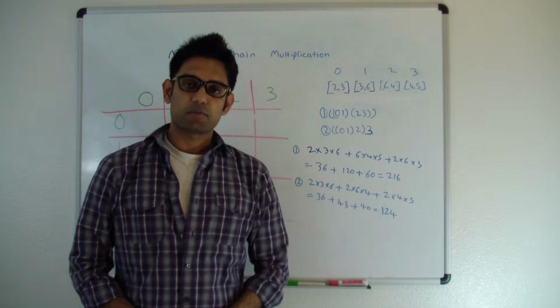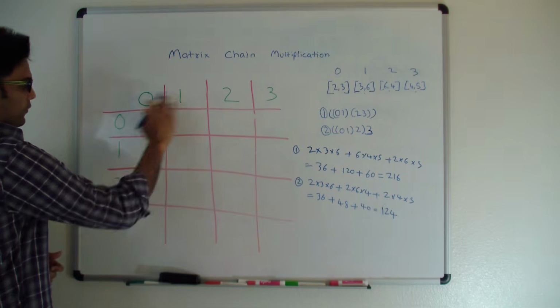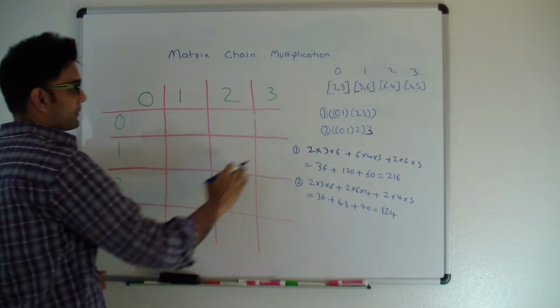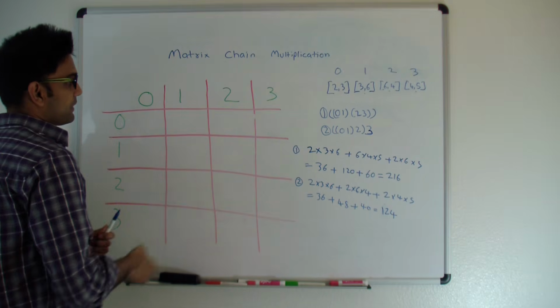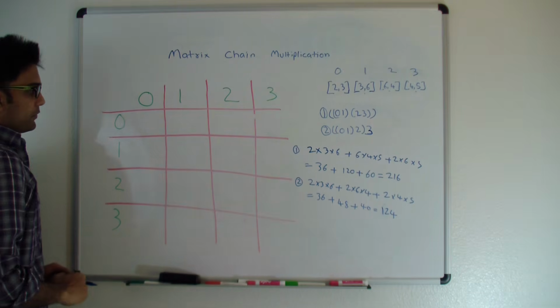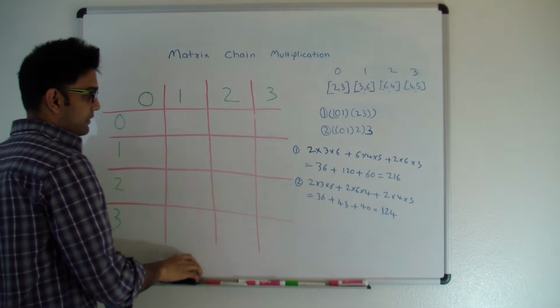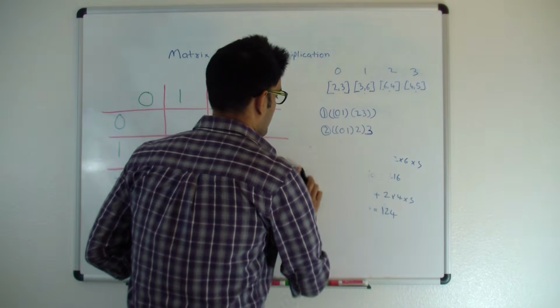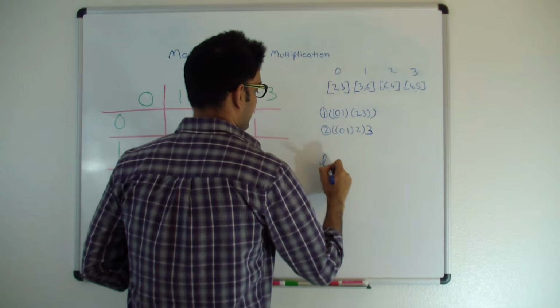So we will use dynamic programming to solve this question. Here I have a 4 cross 4 matrix because I have four matrices in my set. So what I'm going to do is fill up this matrix, and here we'll have the final result. So let me start with length 1.